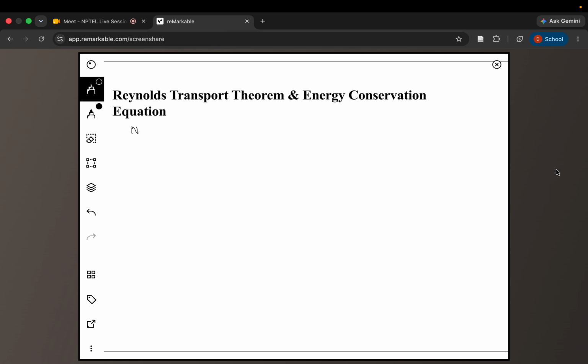Then the rate of change of N with respect to time for the system, where the system is the collection of particles that you have, is related to the control volume approach, where you have the partial derivative with respect to time of that same quantity, where eta is the intensive variant of the extensive property. So N will be given by rho times eta. The total change with respect to the system is given by the total change in the control volume, which is what is happening inside the control volume, and we also have to track what is going in and out of the control volume. That is given by the surface integral.